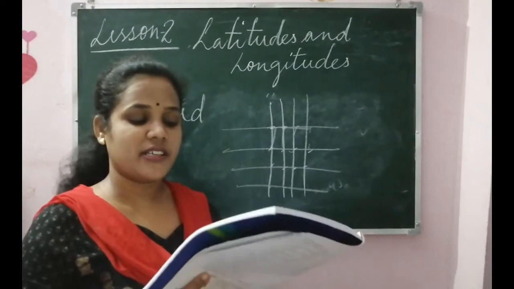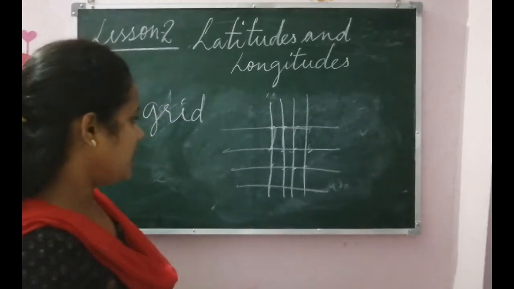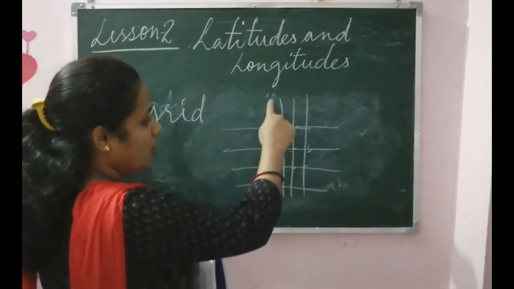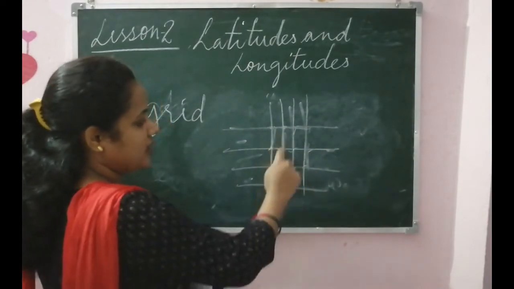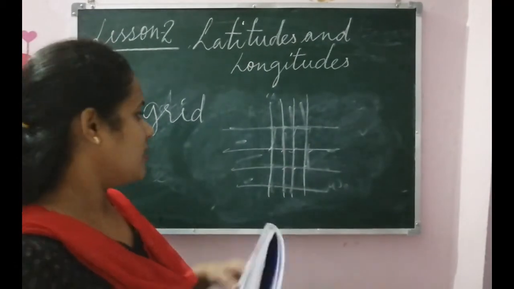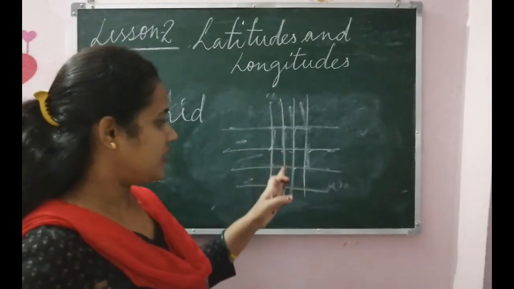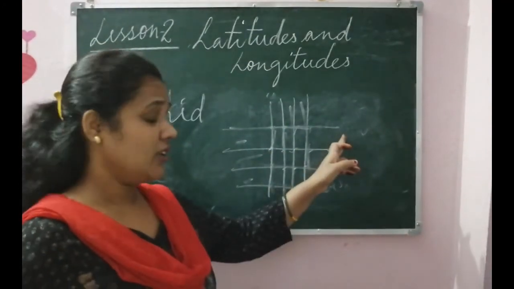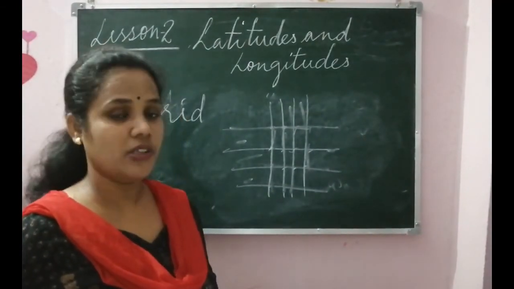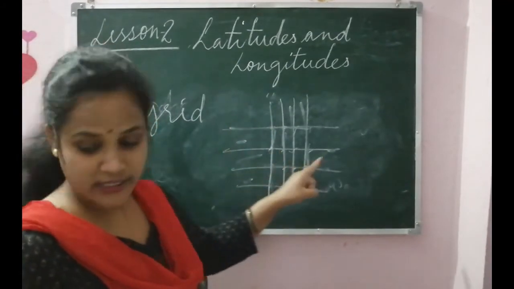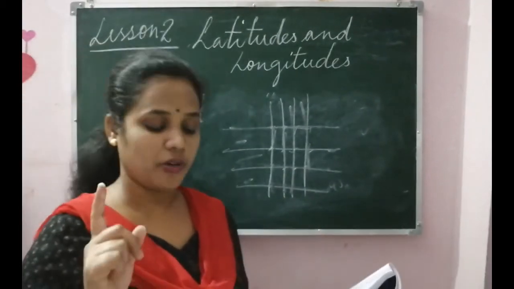See, in the box it is given, grid is a pattern of regularly spaced horizontal and vertical lines. So a pattern is made of some boxes and lines cutting each other. Grid is a pattern of horizontal lines, your latitudes, and vertical lines, your longitudes. Clear? Regularly spaced horizontal lines and regularly spaced vertical lines. So that was about your grid.